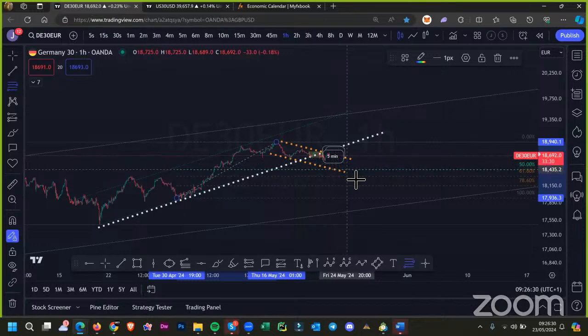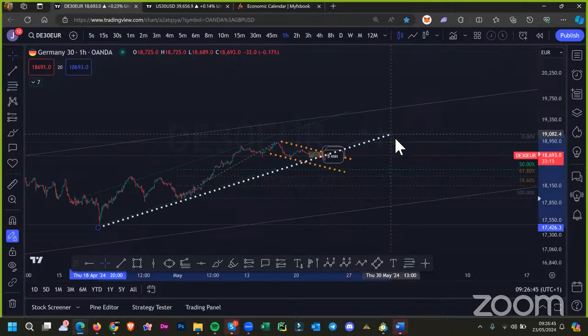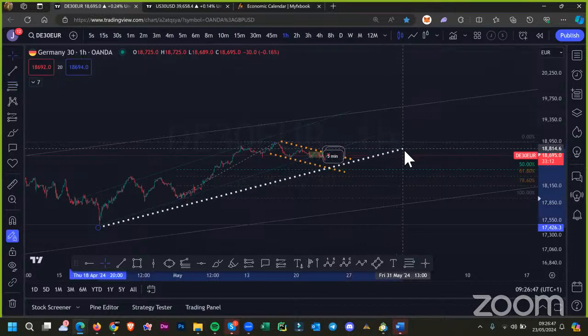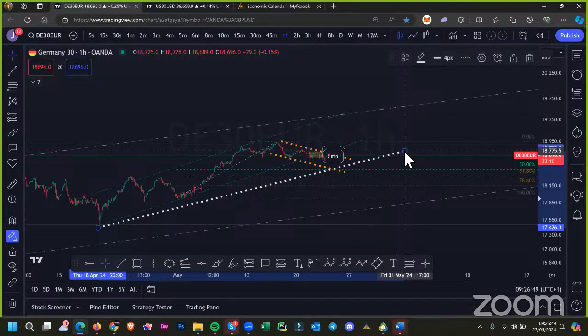It would make a lot of sense, because it'd be coming from the top of this premium, push down to the discount. This green line happens to be very close to the bottom of this orange range. And then maybe from there it decides to push up. If that happens, then we have to adjust this angle. But for now, we don't have enough data to adjust that angle.